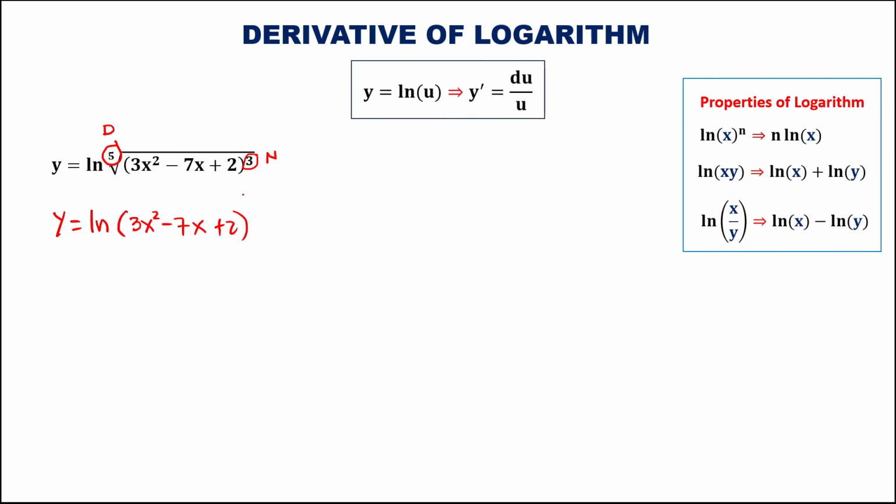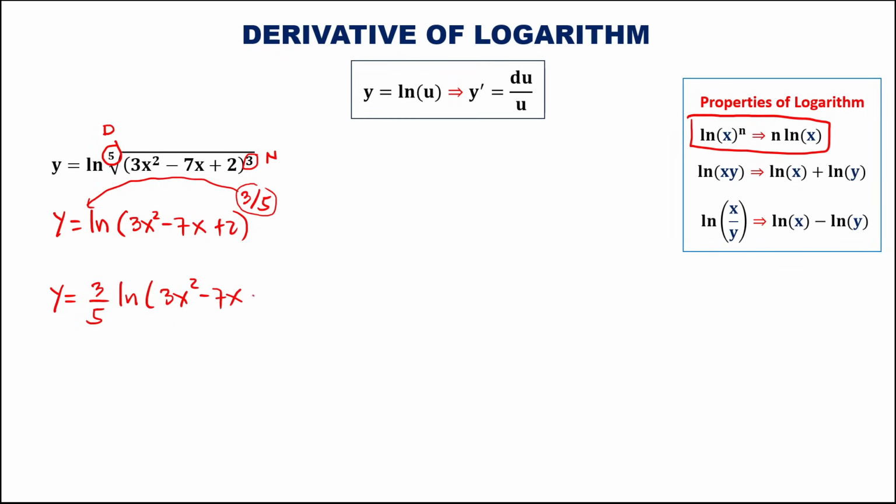So this becomes 3 over 5. Then we need to rewrite this given using this power property of logarithm. So we can put this exponent before ln. So y equals 3 over 5, then ln of 3x squared minus 7x plus 2.